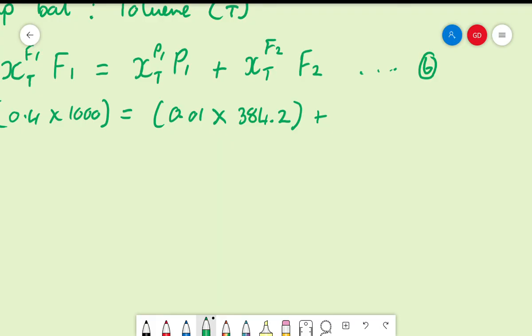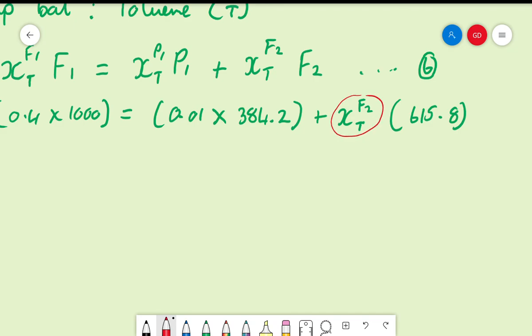Plus X toluene in F2, this is the unknown. We know the total stream, we found it is 615.8. So now the only unknown becomes the composition of toluene. So that's what we're looking for.